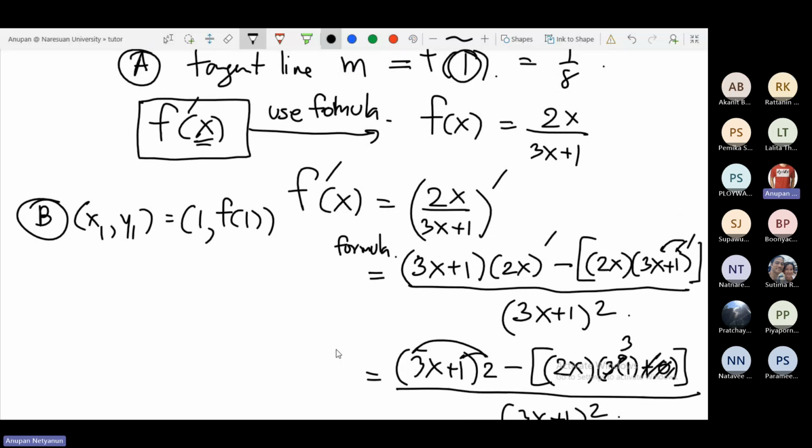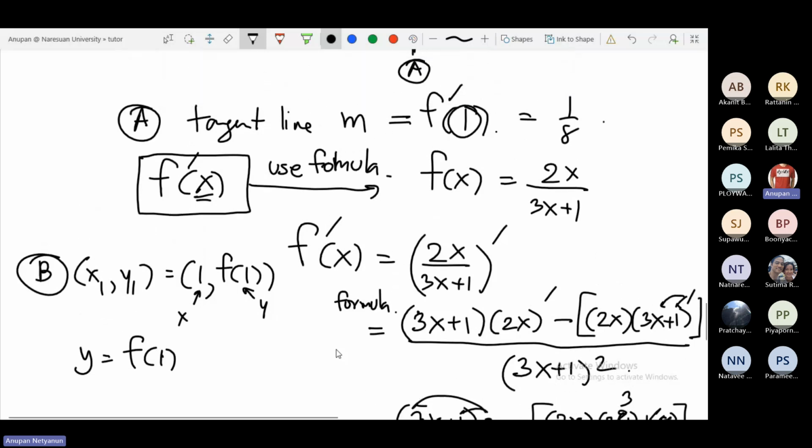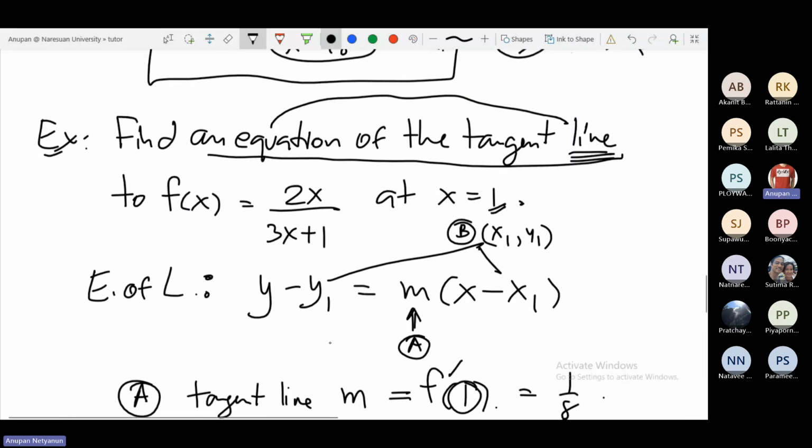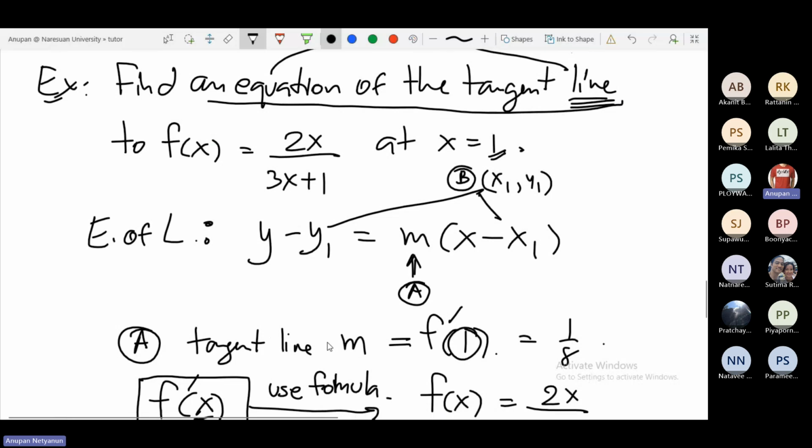Okay. Now you know already that x is equal to 1. So we need to find what y is. Since y equals f of 1, you plug 1 into the function, where f(x) equals 2x over 3x plus 1.